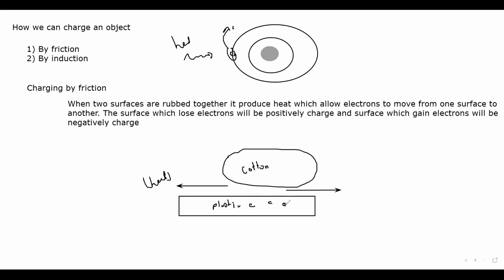I'm just drawing the electrons, not the whole atom. Electrons jump from the plastic to the cotton surface.